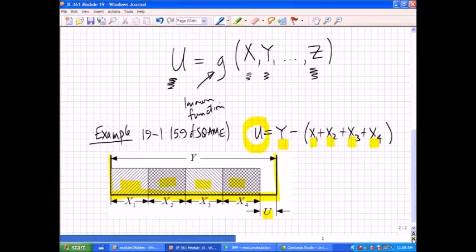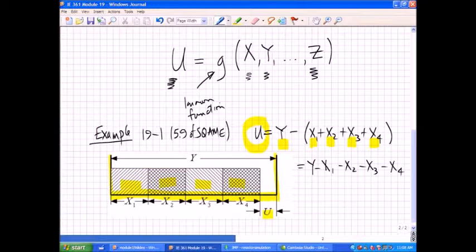As a second example, and okay, so before I jump to the second example, I should point out that this equation for U says that U is Y minus x1 minus x2 minus x3 minus x4, and that is of the form constant times the random variable y plus constant times the random variable x1 plus constant times the random variable x2 plus constant times x3 plus constant times x4, where those constants are 1s and minus 1s.